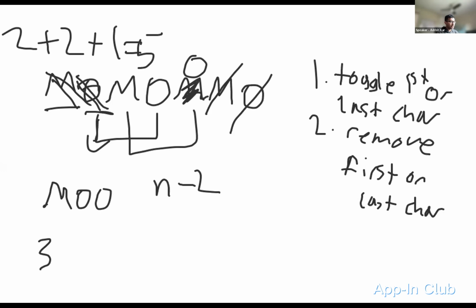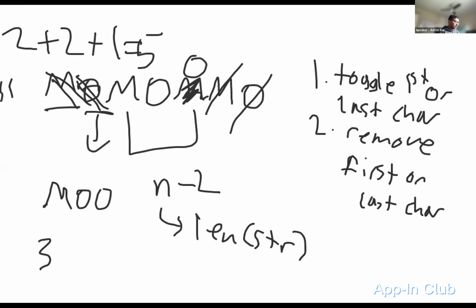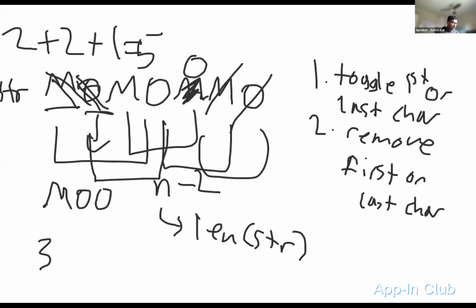So n is the length of the string in this case, and this is our string over here. So n is the length of the string. And you can actually see that you end up in either this sequence of 3 characters, or this sequence of 3 characters, this sequence of 3 characters, this sequence of 3 characters, etc.